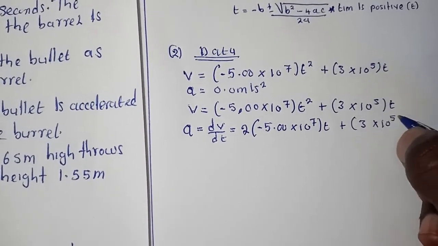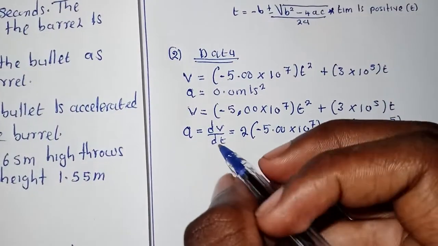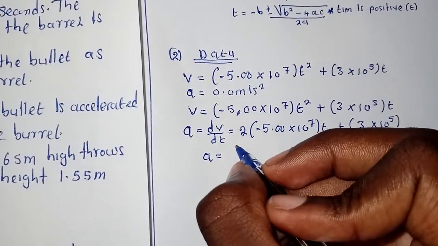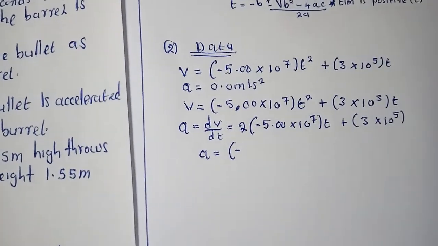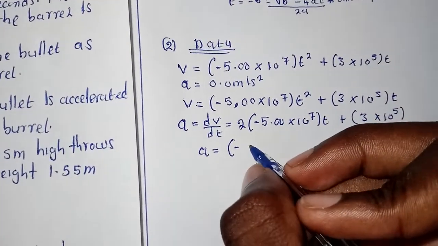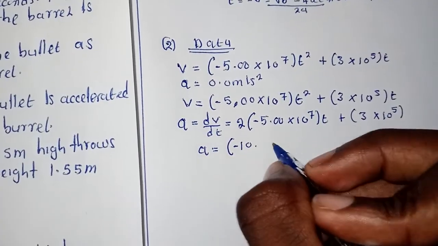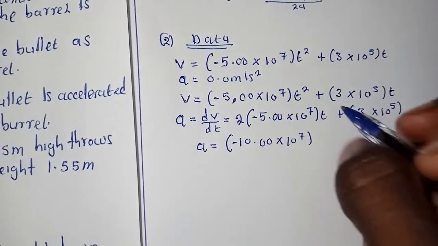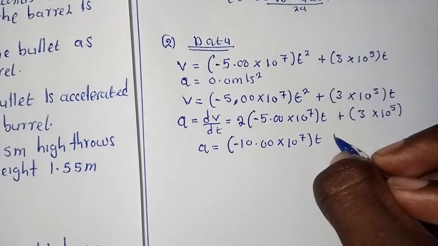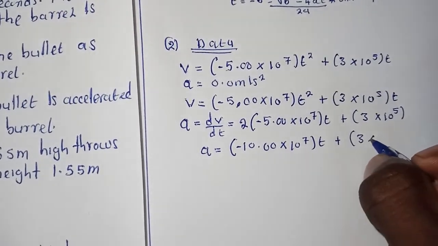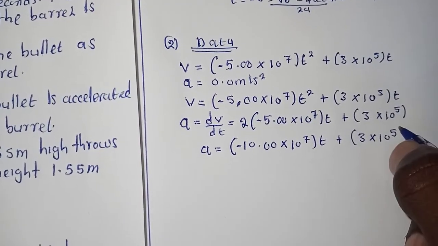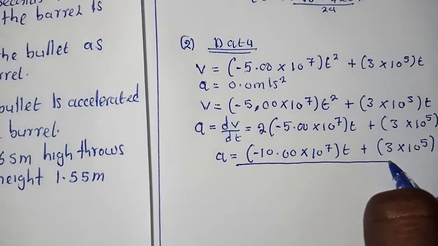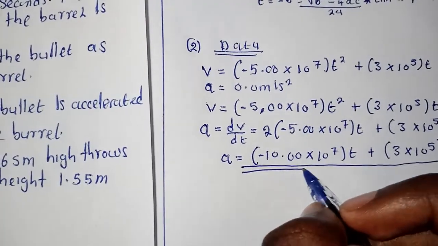Then acceleration is equal to, you just multiply the numbers, so this is mathematics: negative 10.00 multiplied by 10 to the power 7 t plus 3 multiplied by 10 to the power 5. So this is for the acceleration.